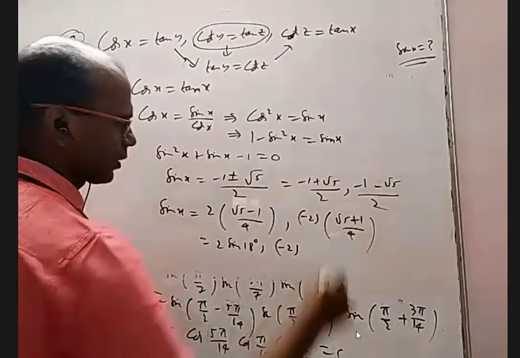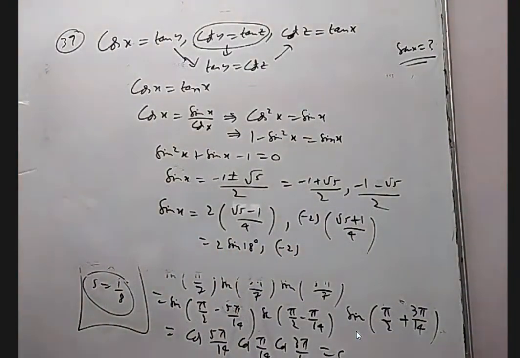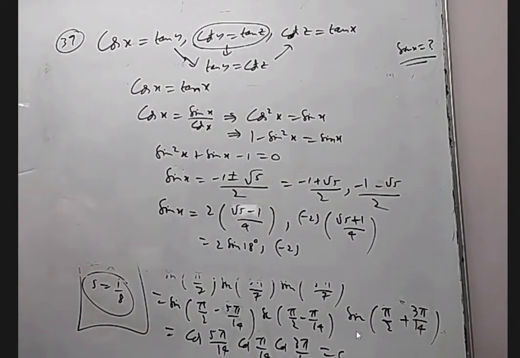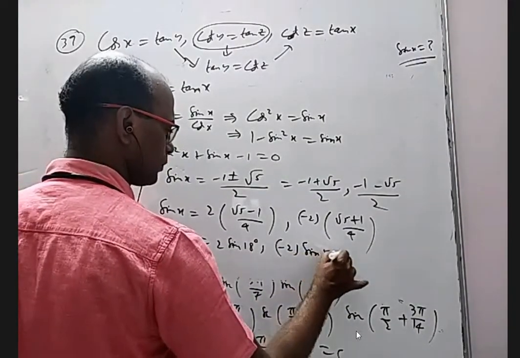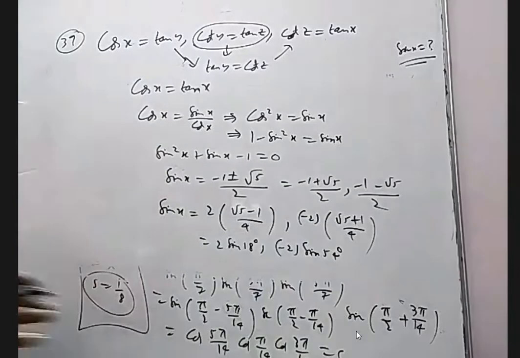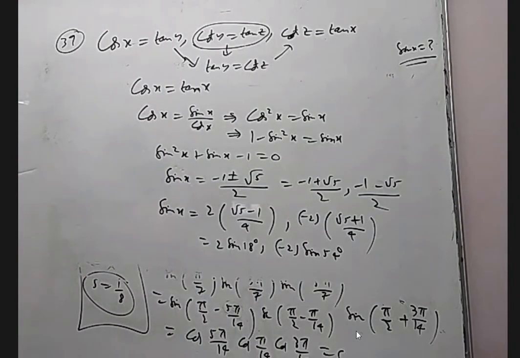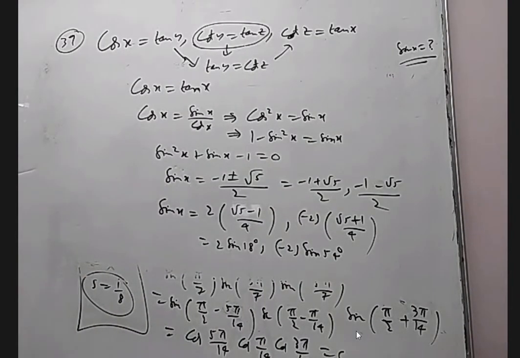And do you know root 5 plus 1 by 4? Sir, it's 54. Sine 54 degrees. Because sine 36 and sine 72 will come as square root of 10 minus 2 root 5 or 10 plus 2 root 5. So just the answer is somewhat like sine 18 they gave us. Nothing much about this.